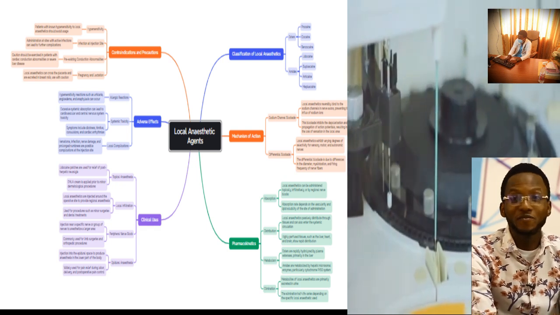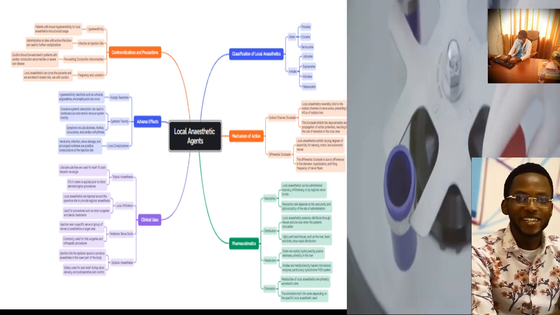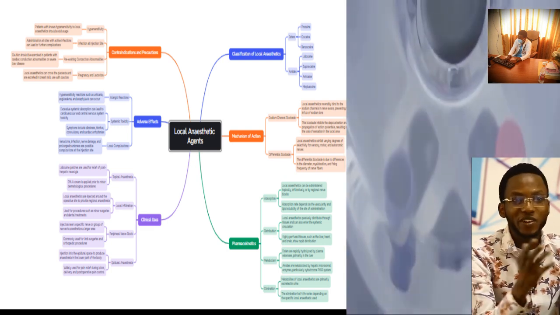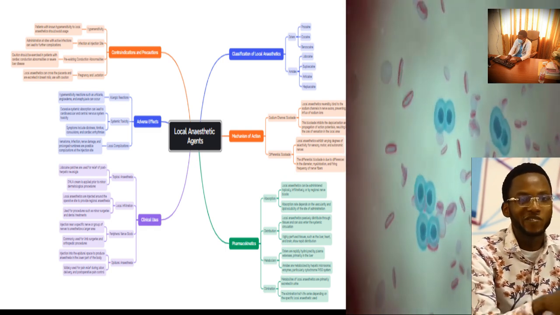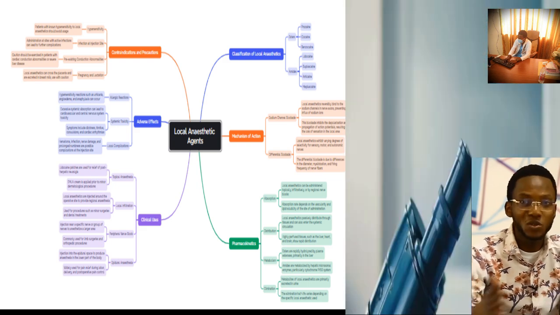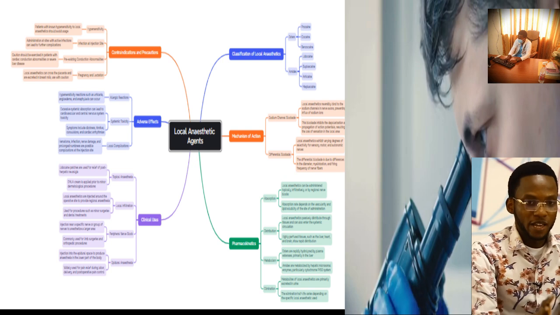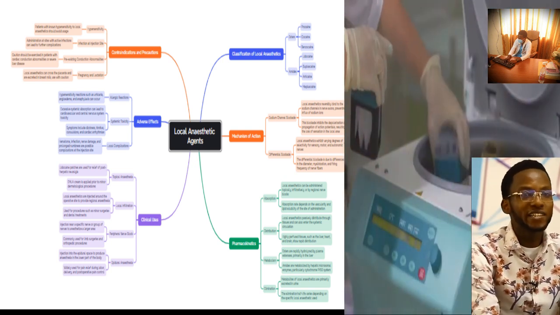IVRA, spinal anesthesia, epidural anesthesia or analgesia, nebulization for anesthetizing the upper airway, and intravenous preparation of lidocaine as an antiarrhythmic agent. To prevent toxicity, it is crucial to aspirate before injecting to avoid inadvertent intravascular injection, administer small volumes at a time, and exercise caution in highly vascular areas.